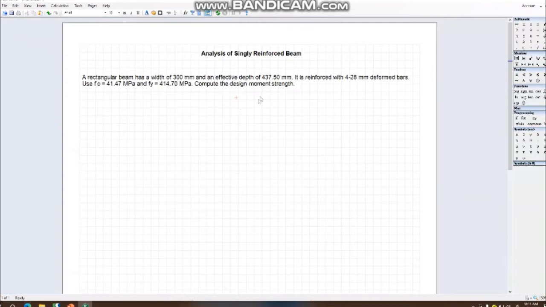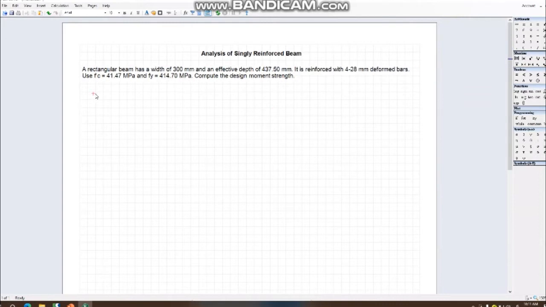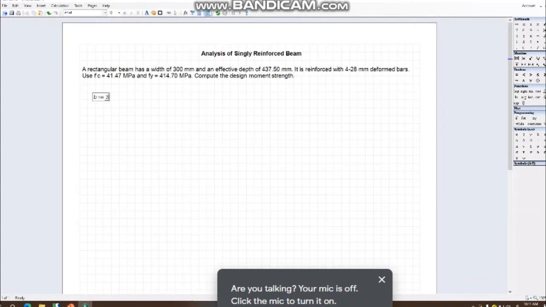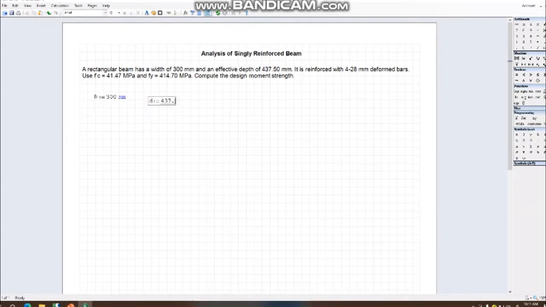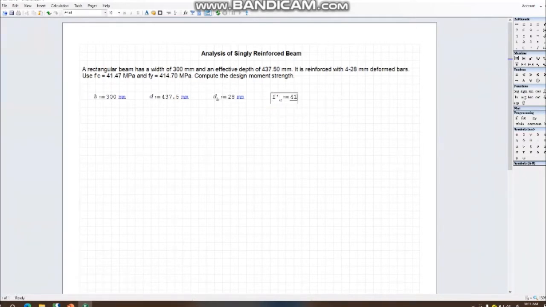Here is the problem. We are given the width of 300 mm, the effective depth of 437.5 mm, the bar diameter of 28 mm, the concrete strength of 41.47 MPa, and finally Fy.